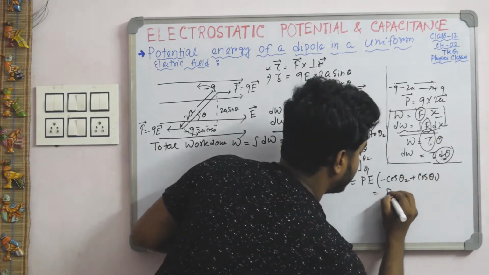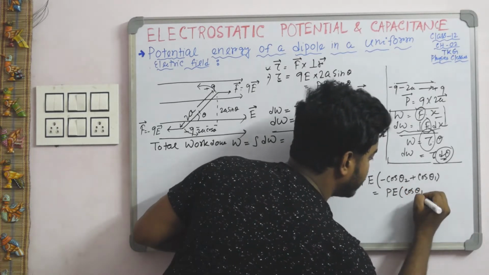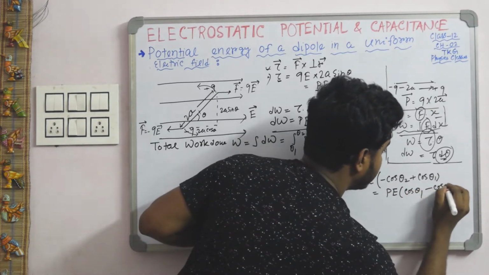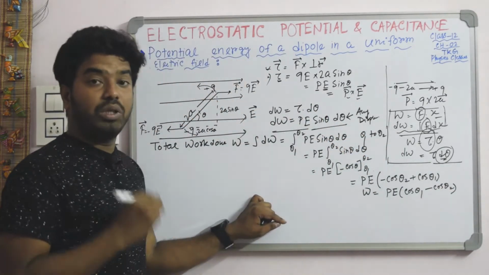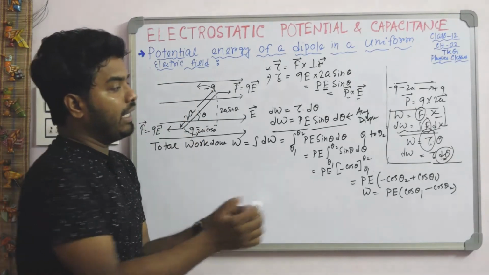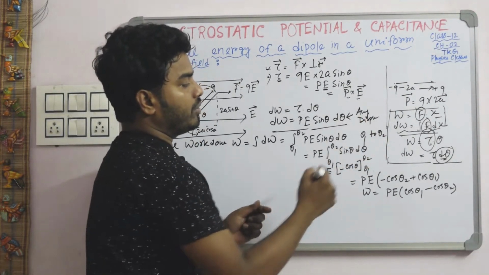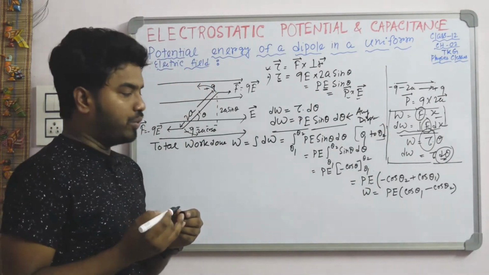So this result will be PE (cos theta 1 minus cos theta 2). This is the total amount of work done in rotating this dipole through an angle theta 1 to theta 2. Clear?